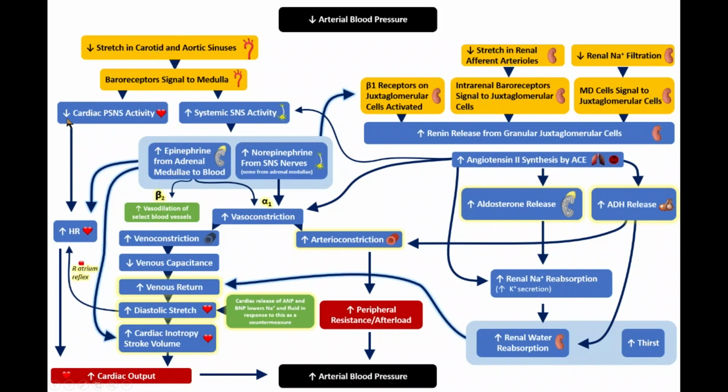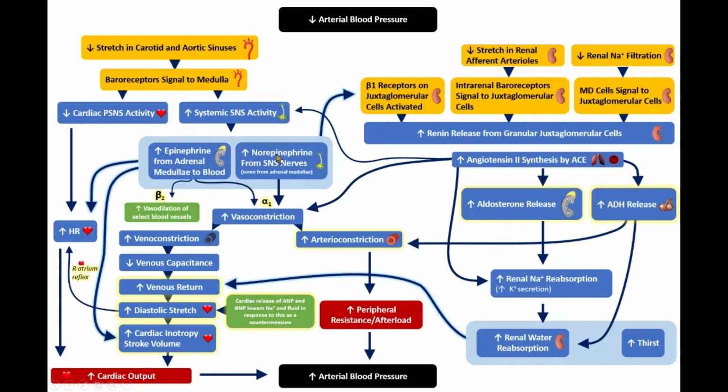So what will happen is we'll decrease the parasympathetic nervous system activity going to the heart. That'll cause an increase in heart rate. We will increase the sympathetic nervous system activity, and that would be epinephrine and norepinephrine. Remember, norepinephrine is a neurohormone because most of it is from the neurons functioning as a neurotransmitter.